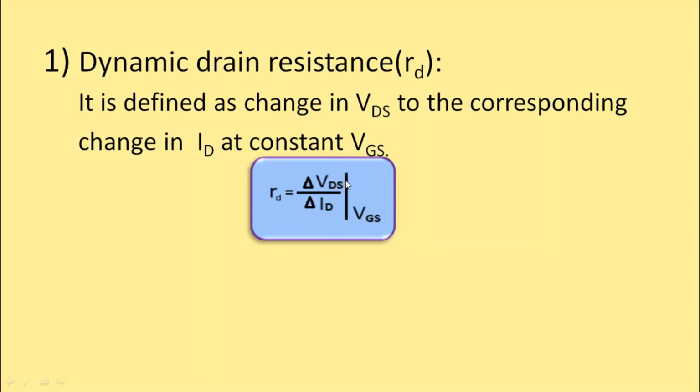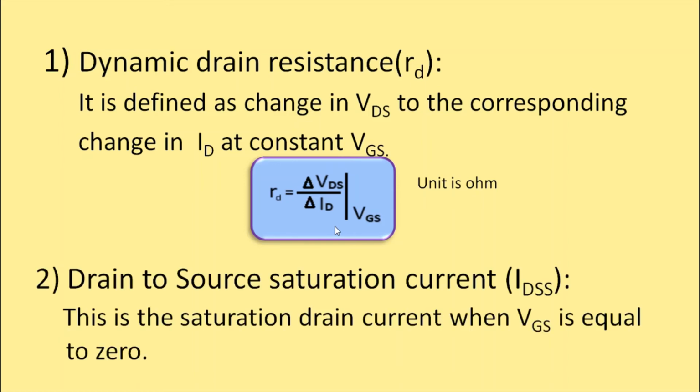This is a symbolic representation stating that the VGS value is constant. We read this as RD is equal to delta VDS by delta ID at constant VGS. The unit of this particular dynamic drain resistance is nothing but ohms, as it is a ratio of V by I.